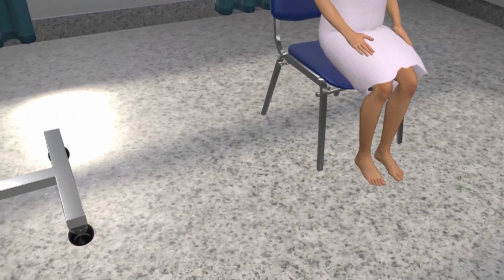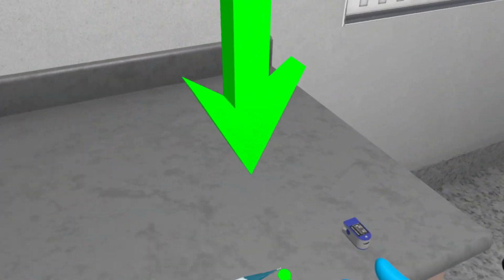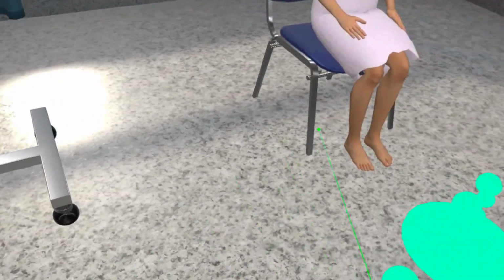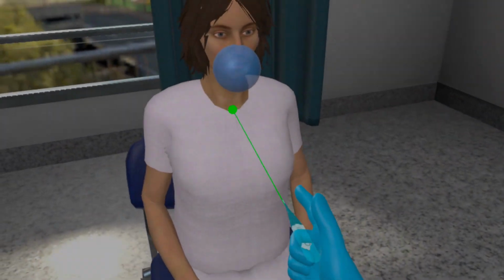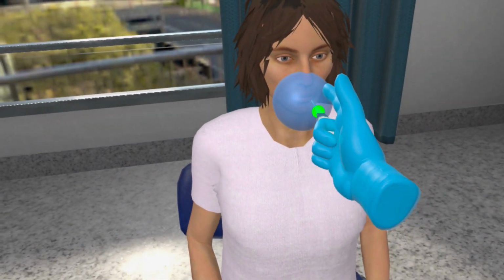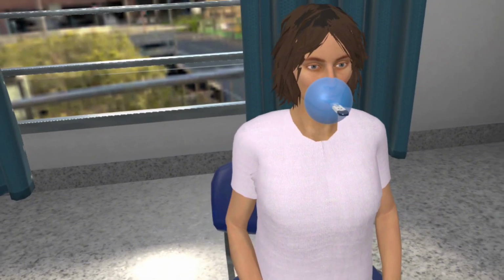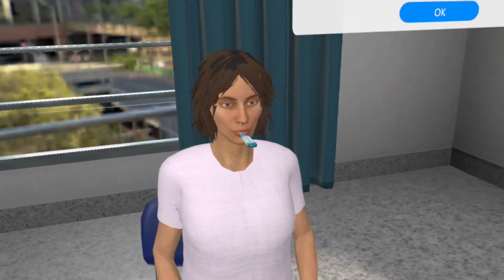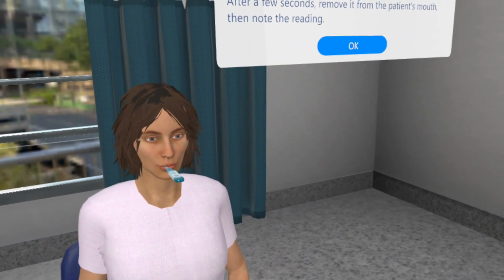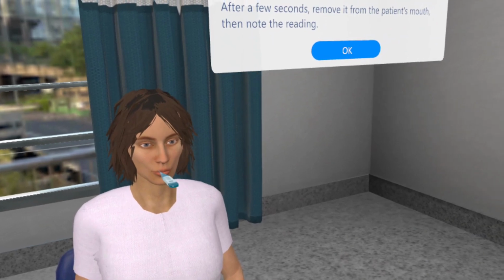Grab the thermometer and place it in the patient's mouth. After a few seconds, remove it from the patient's mouth, then note the reading.